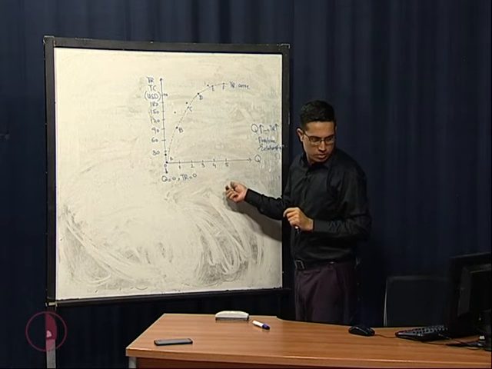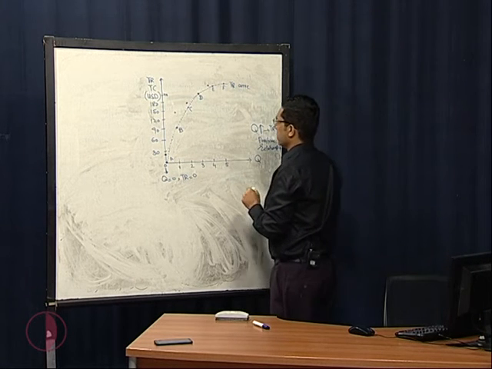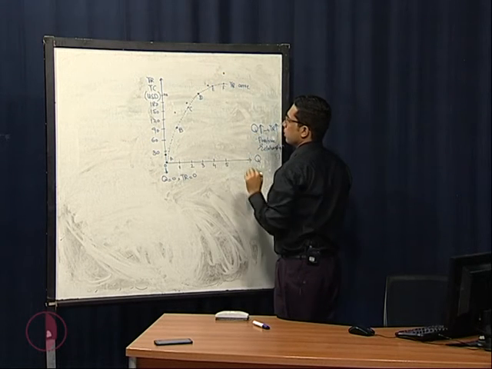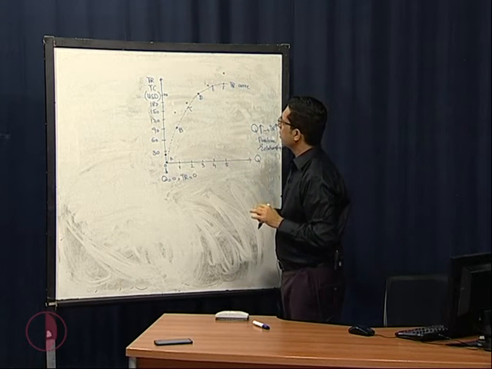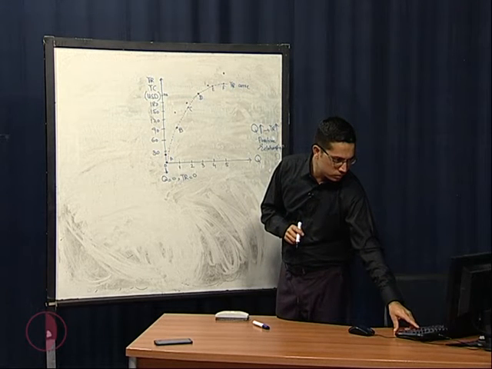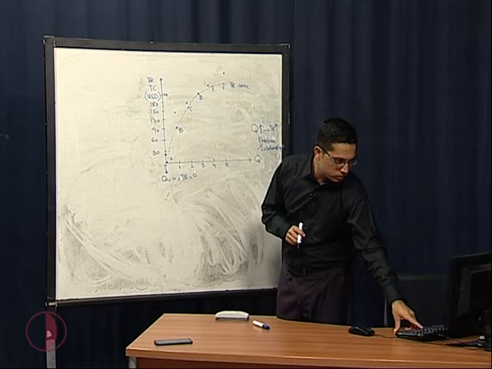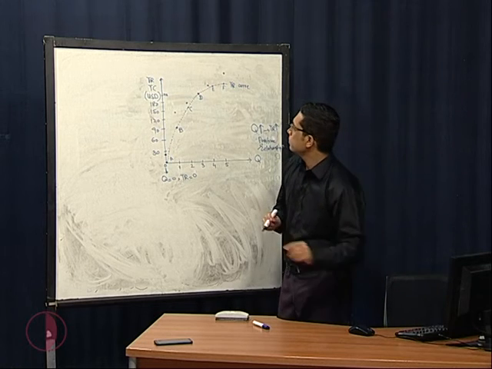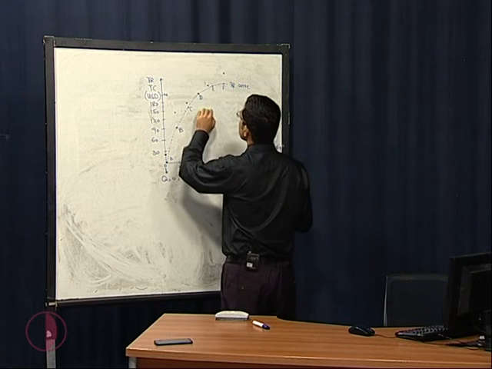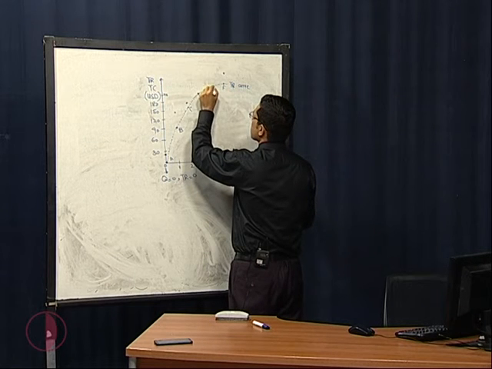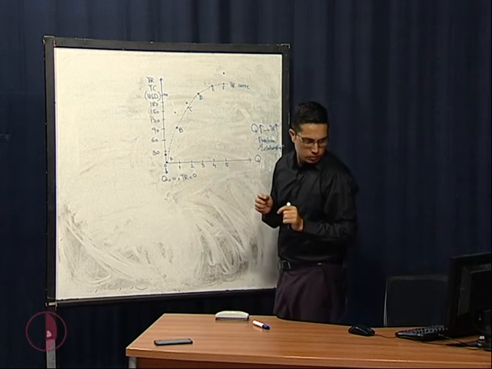When Q was 5, total cost was 480. This is 240.